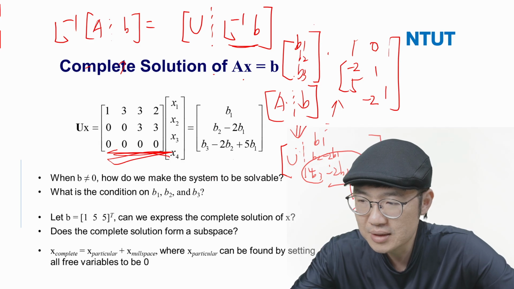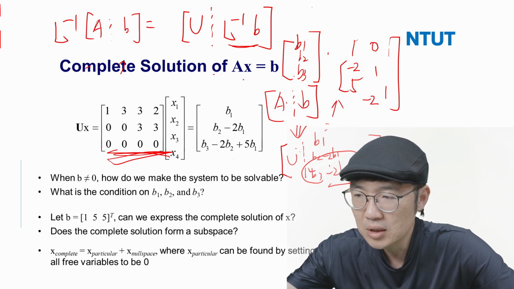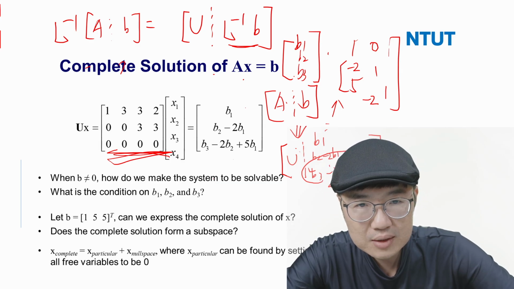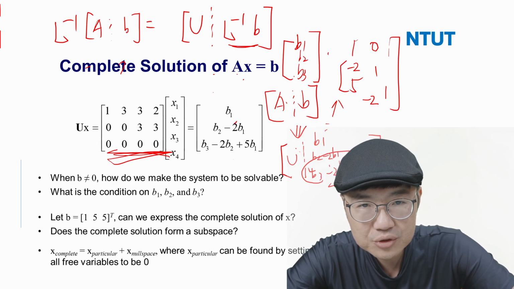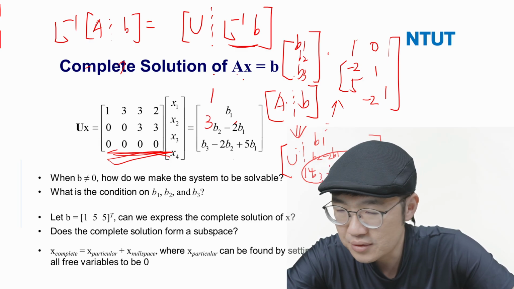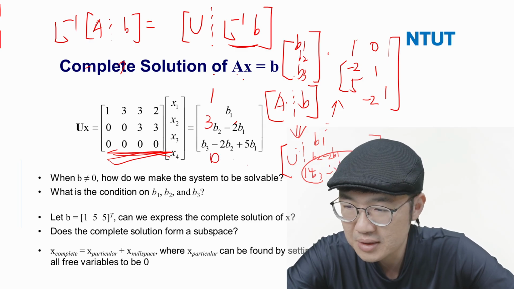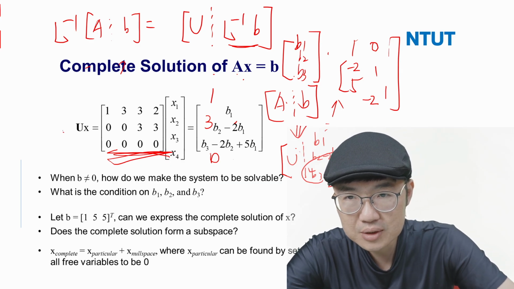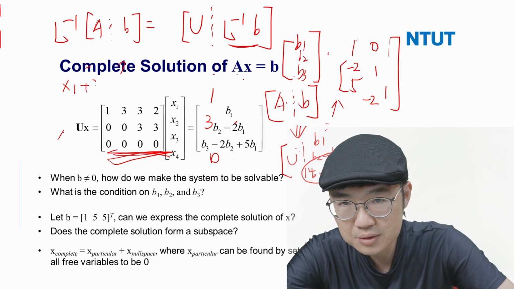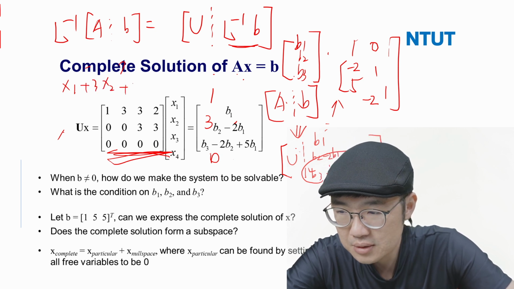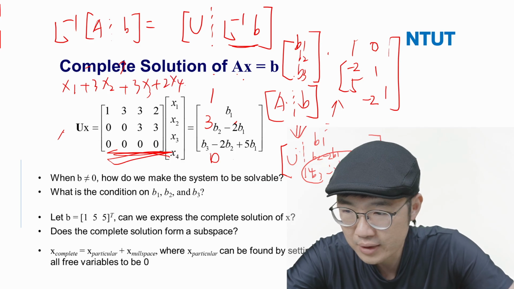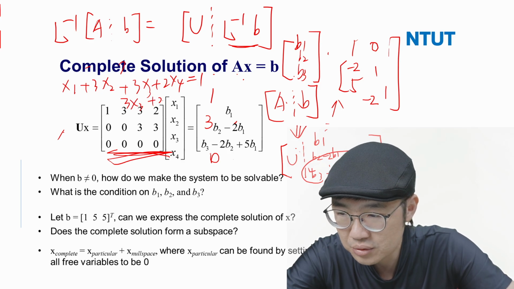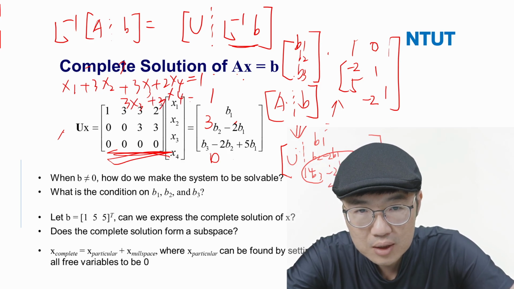So let's consider this 1, 5, 5. Would 1, 5, 5 lead to a unique solution for this? From the right-hand side here, the first entry is 1, the second entry is 3, and the last entry is purposely 0. So from each equation, x1 plus 3x2 plus 3x3 plus 2x4 equals 1, whereas 3x3 plus 3x4 equals 3.